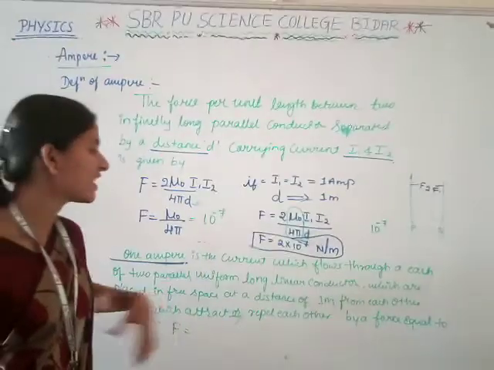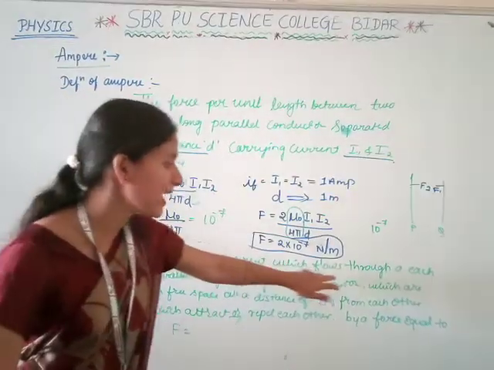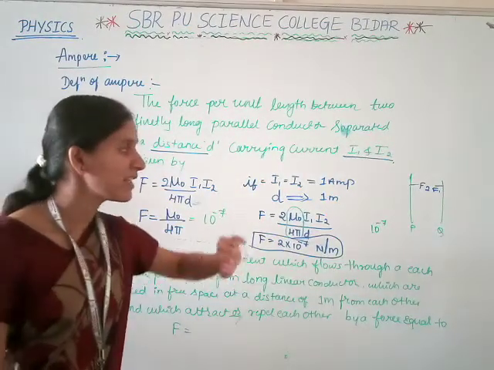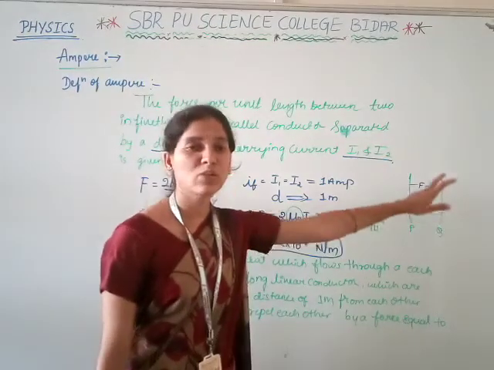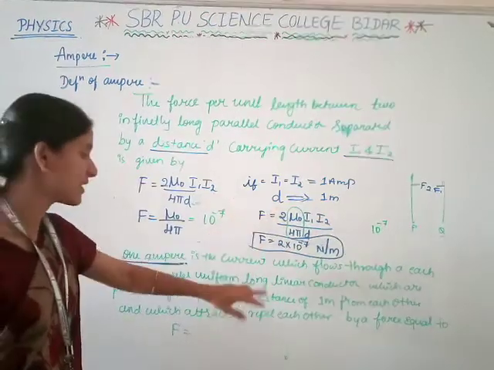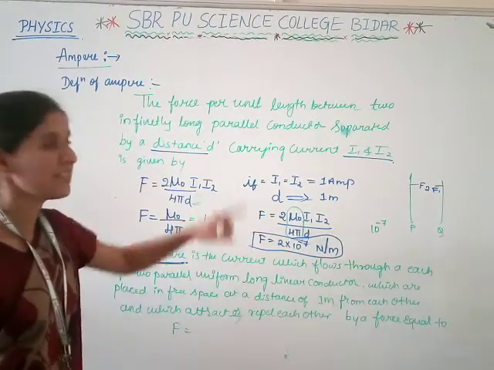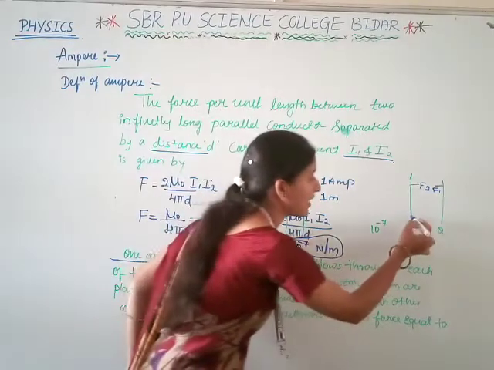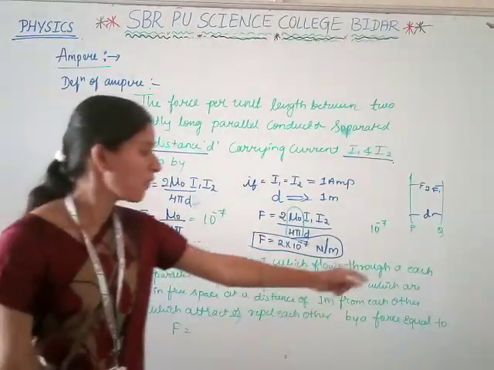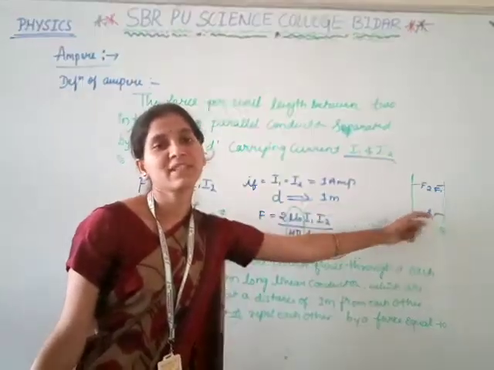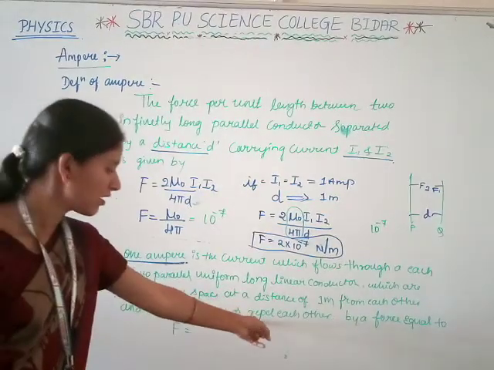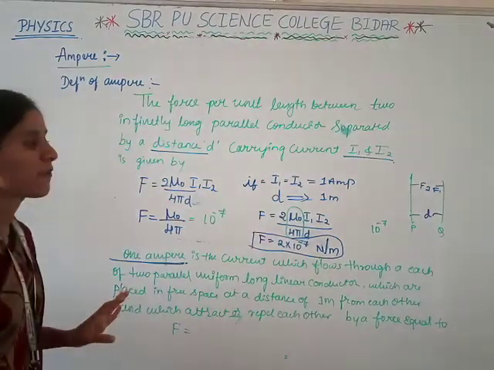The definition of 1 ampere is the current which flows through each of two parallel uniform long linear conductors. Means here we are considering two long linear conductors P and Q placed in free space at a distance d of 1 meter from each other, which attract or repel each other by a force.